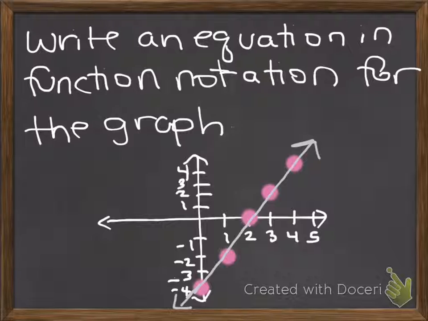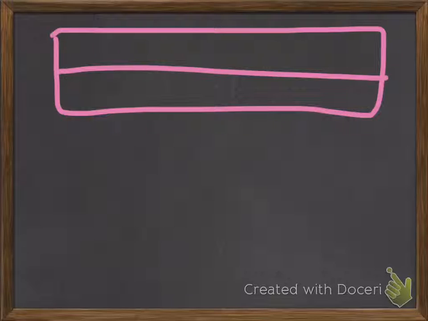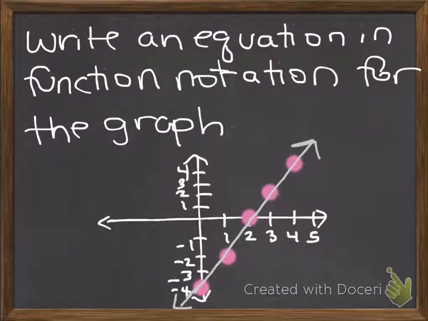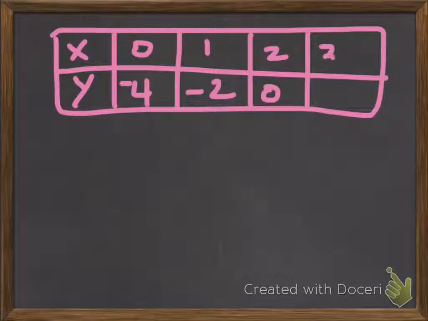So we have 0, -4, 1, -2, 2, 0, 3, 2, and 4, 4.